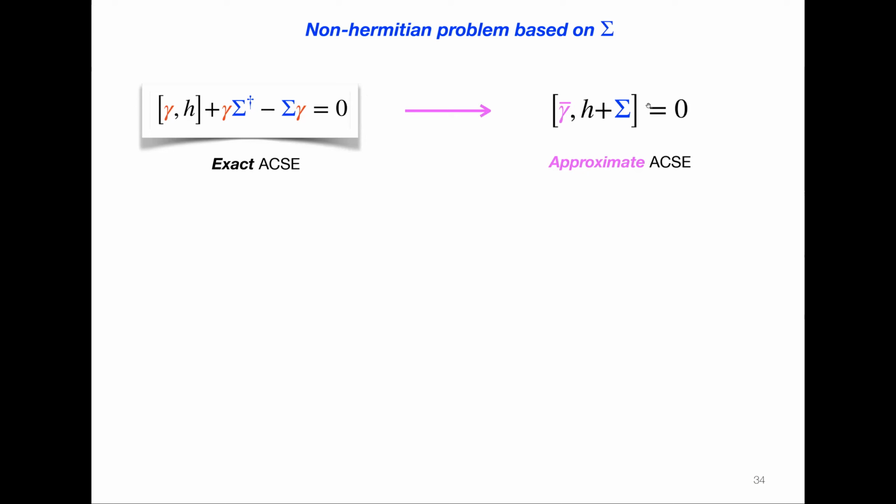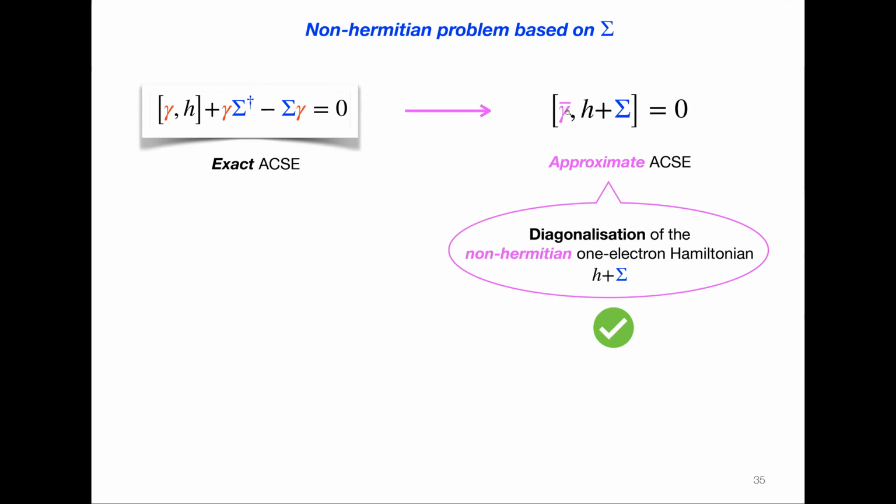Which means that you would set this equation into something like a commutator. If you do this, what that means is you're trying to diagonalize this one-electron Hamiltonian, H plus sigma, that is not Hermitian by construction. Then you will get a non-Hermitian density matrix, which is exactly the ingredient I have introduced before.